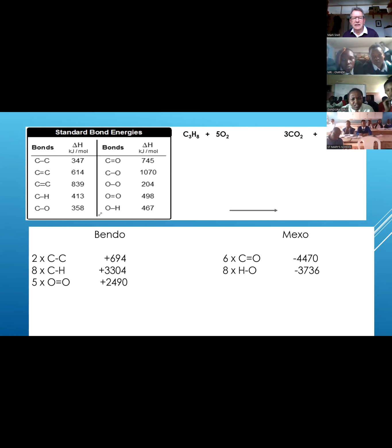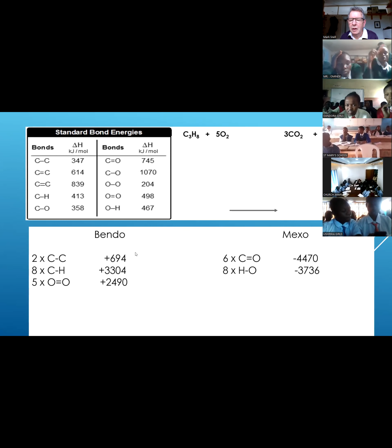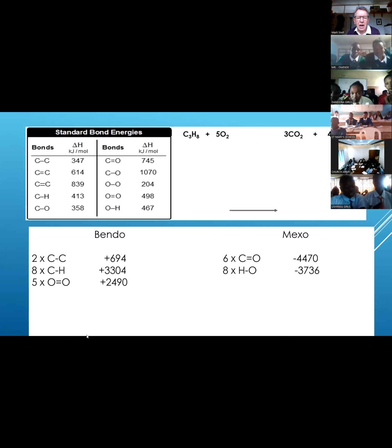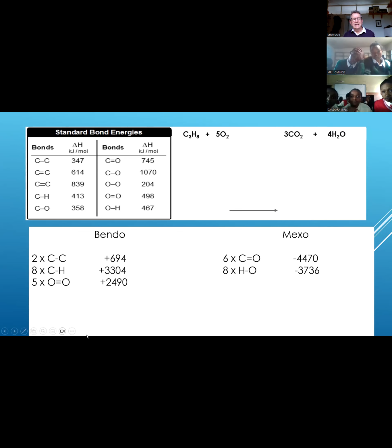They are all added together and are positive. On the right-hand side, I have 6 carbon to oxygen bonds. That's a large number because the carbon-oxygen bond is strong. That's C double bond O. It's important that you see that: that's the 745, not C single bond O, not 358, but 745. And 8 hydrogen to oxygen, which are 67 each.